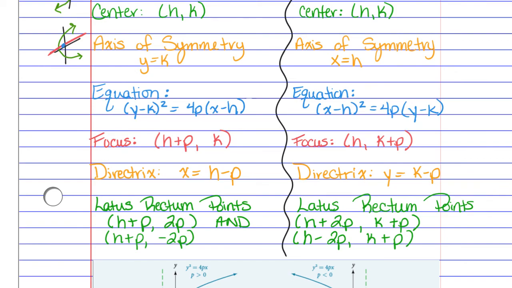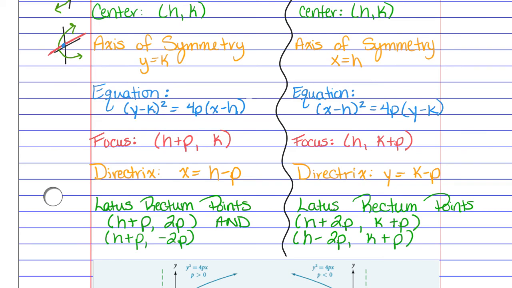The directrix, again, is just that line that's the same distance away from your vertex as your focus, but in the opposite direction. So you're going to take your x or y coordinate from your center, and you're just going to adjust it by that value of p.